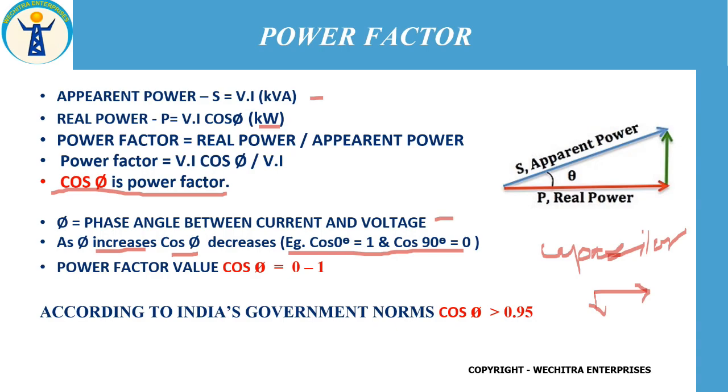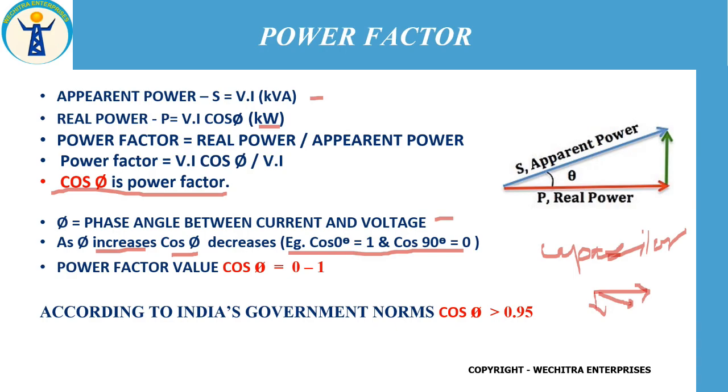So if it is lagging, you need to make it a little leading to decrease the angle. To make it leading, we need capacitors, and the capacitor and inductive load will cancel out the effect of each other. That's why the phase angle will decrease and our cos phi will increase.